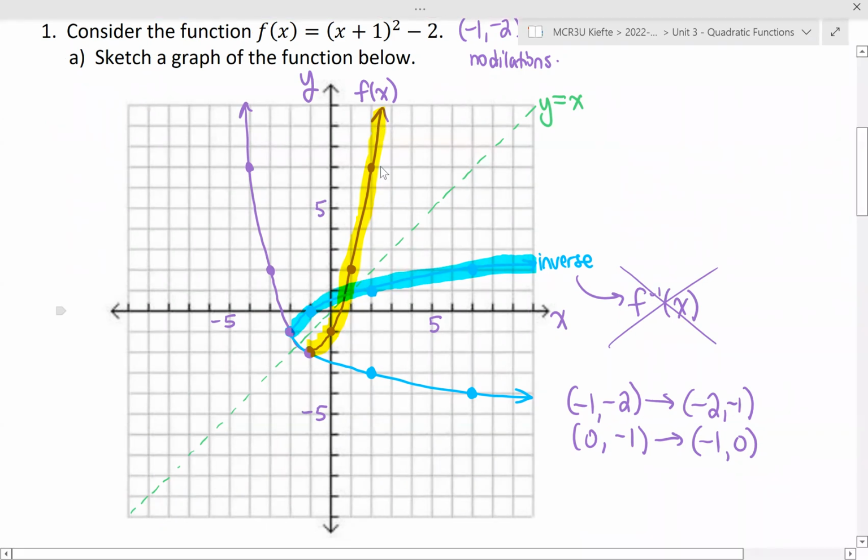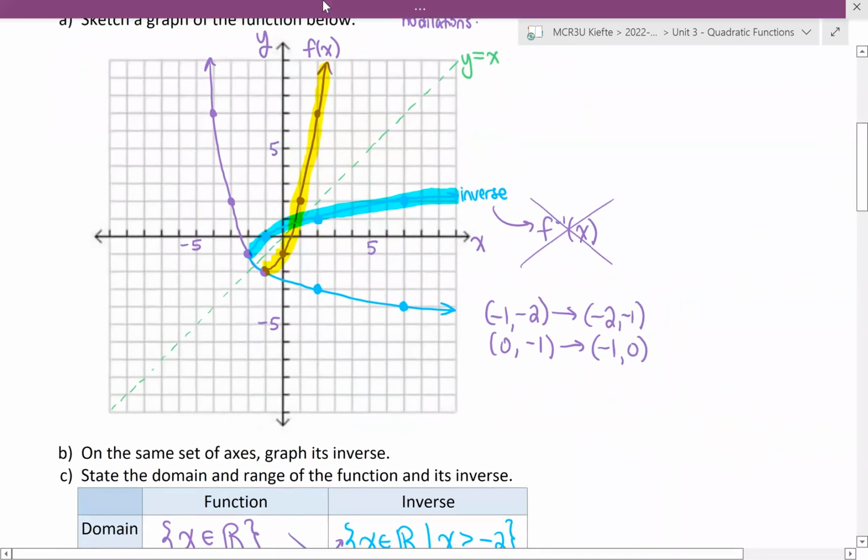So again, we are going to only look at this highlighted part of f of x, which is from x greater than or equal to -1. And its inverse, or its reflection across y equals x, is this blue highlighted part. So again, this blue part is now a function. So if we limit a function, we can make its inverse a function as well.